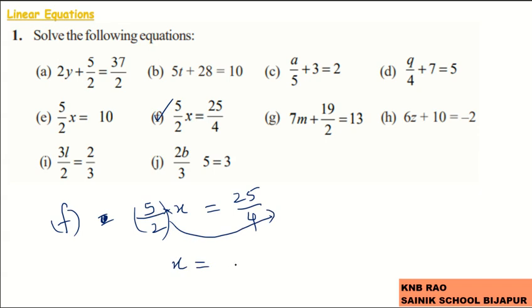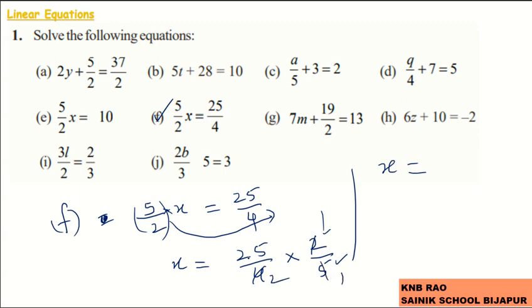When it is transposed it is going to be reciprocal. So 2 by 5. Why? Because here 5 multiplying, if it comes this side it does division. Here 2, which is dividing the variable x, if it comes the other side of equality, it will be multiplicand. Now on simplification we get x equals 2 1s are 2, 2 5s are 10, 5 5s are 25. So x equals 5 by 2, or I say 2.5 as the solution of this given equation.